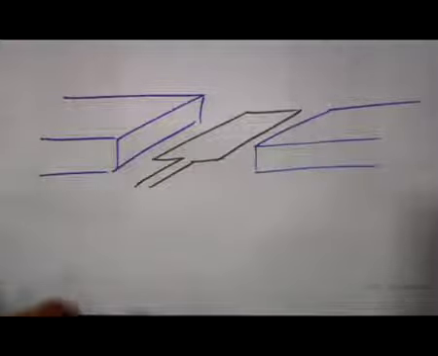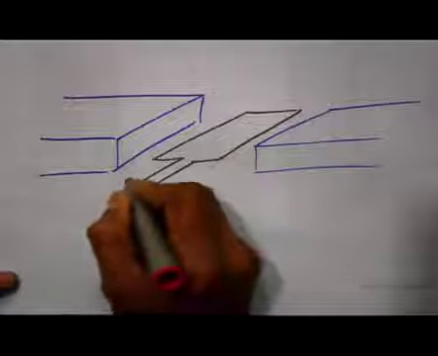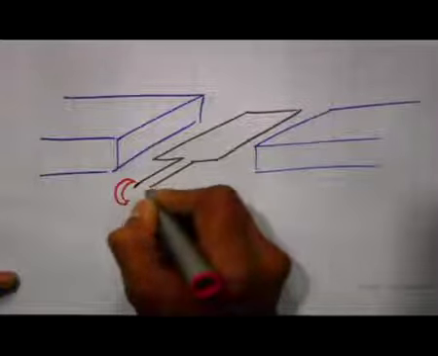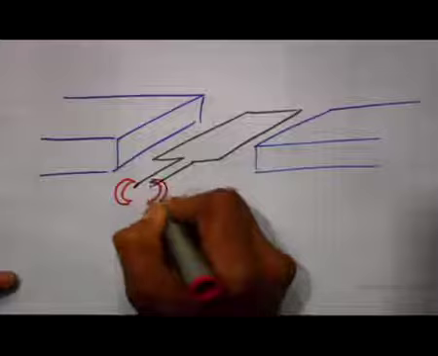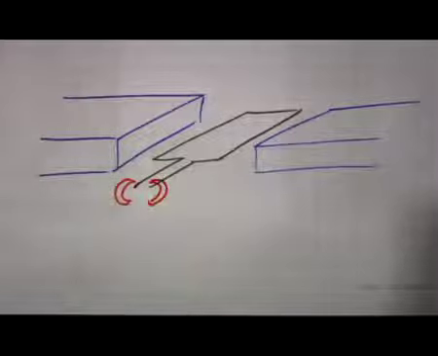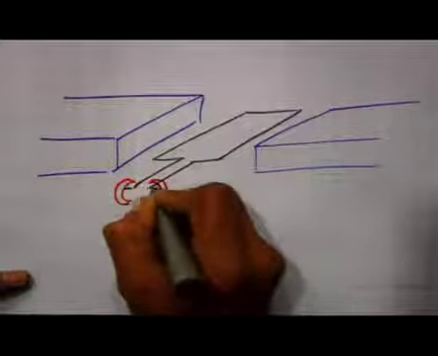So, I connect this to what I call a split ring. So, I have this connected here and this is connected here.